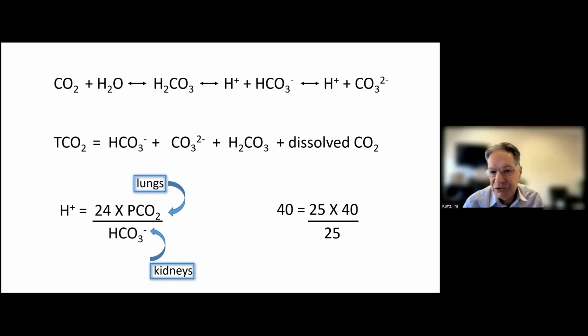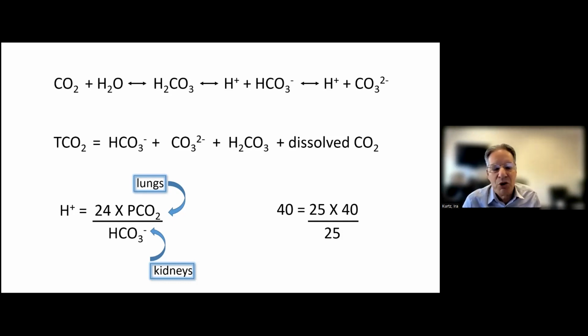Now, we didn't have to do that because we have many buffers in the body, but because it's the most prevalent buffer, and also because the acid species is volatile as opposed to phosphate, other buffers in the body. One of the buffers can actually be a gas in equilibrium with blood.